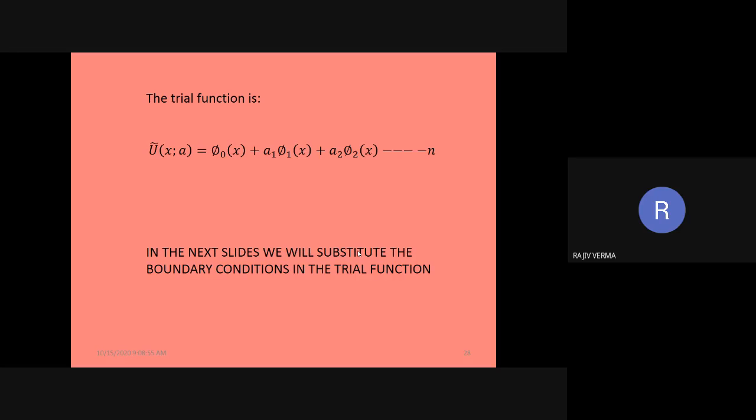This is because phi naught is being used to satisfy the given boundary conditions. And how this is going to be done will obviously be illustrated to you in the future slides with the help of an example. So moving to the next slide.